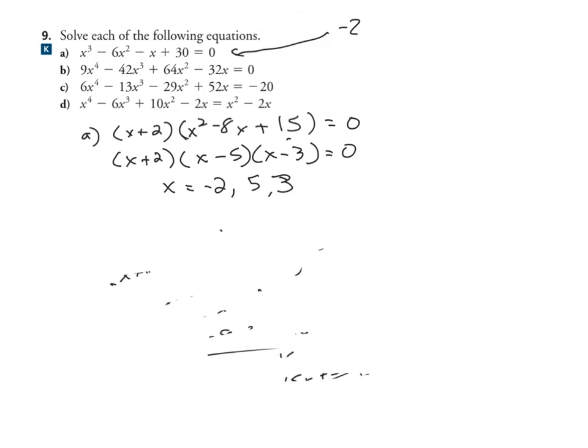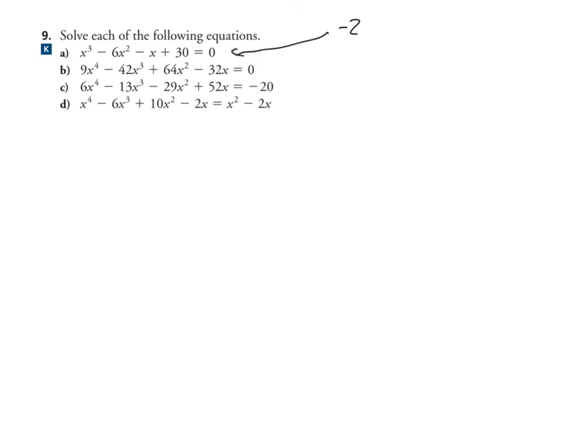All right. Let's go part B. All right, I know I can factor out an x. 9x to the 3 minus 42x squared plus 64x minus 32 equals 0.